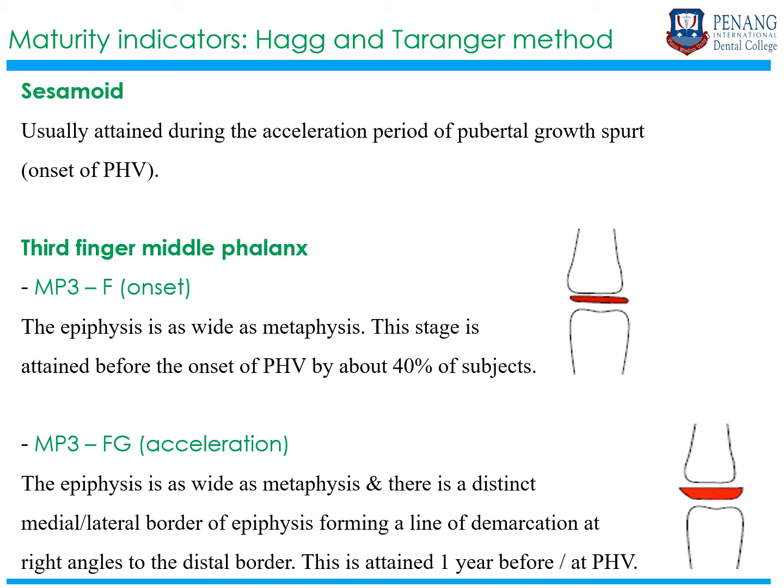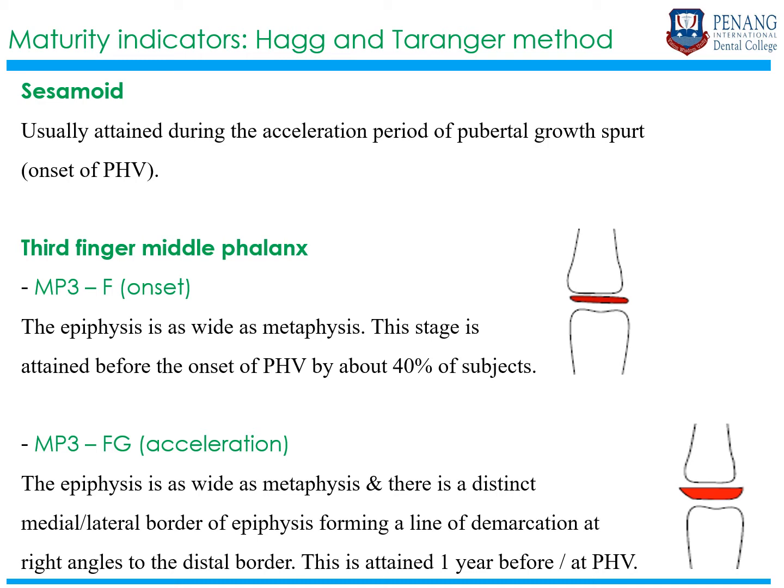So the next stage for it is the acceleration stage, wherein the epiphysis and the metaphysis are of similar width, and there's also a line of demarcation at right angles to the distal border, and this is obtained 1 year before or at PHV.